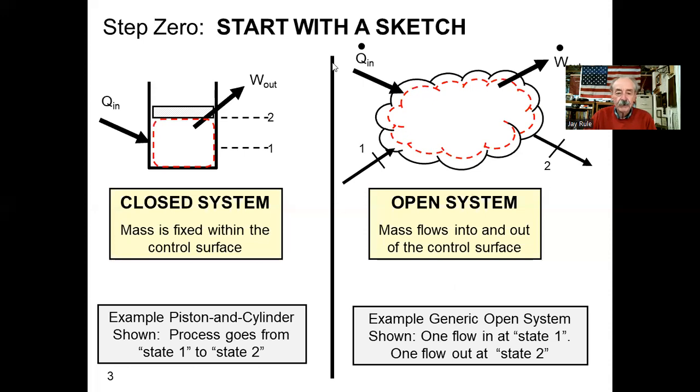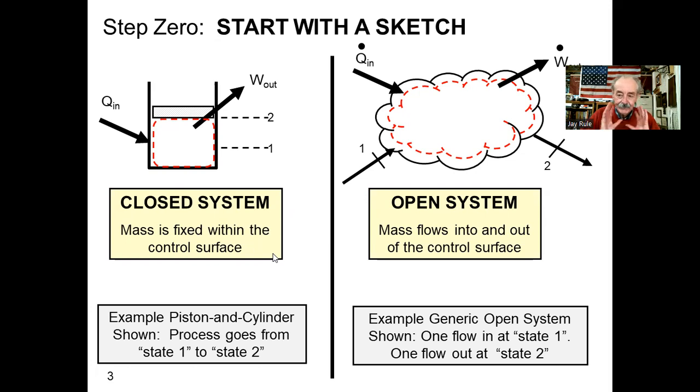Okay, so a very, very quick reminder. I bet you that everybody is familiar with this, but let's just be sure we're on the same footing. A closed system in thermo. Well, the classic example of a closed system would be the gas that's contained within a piston and cylinder.